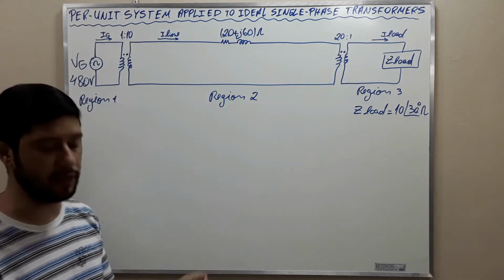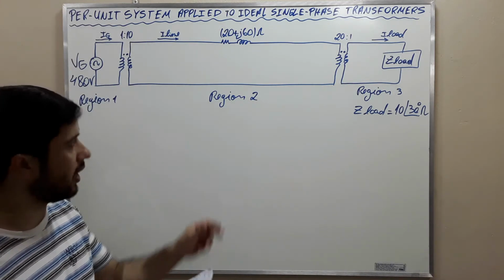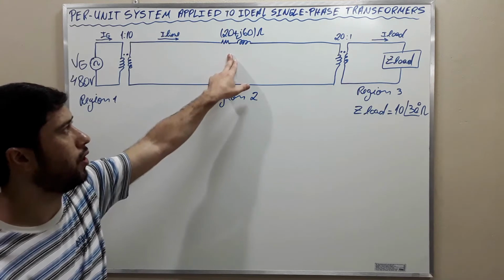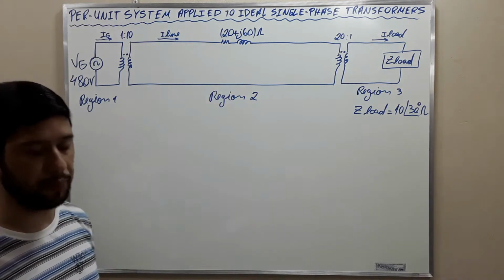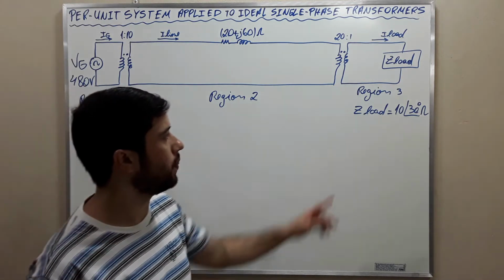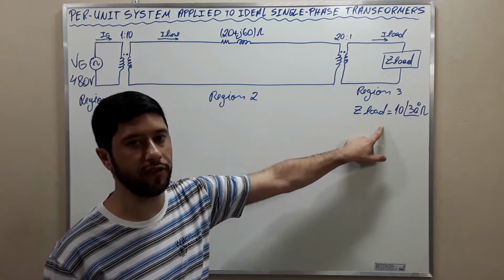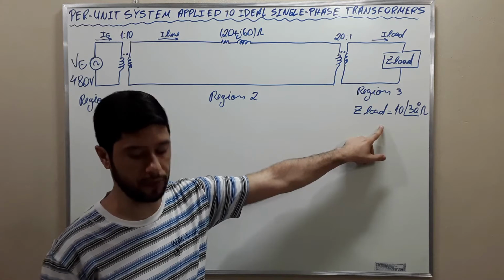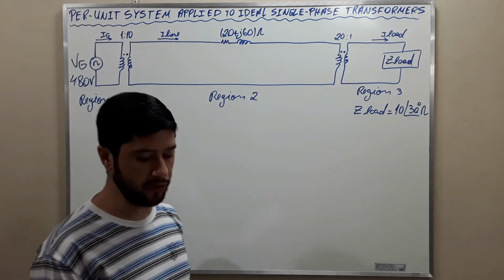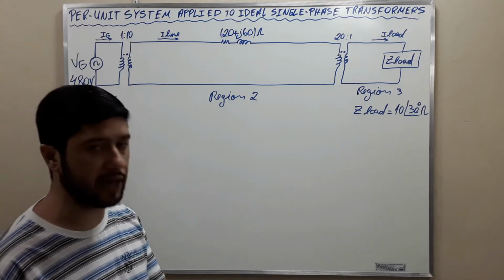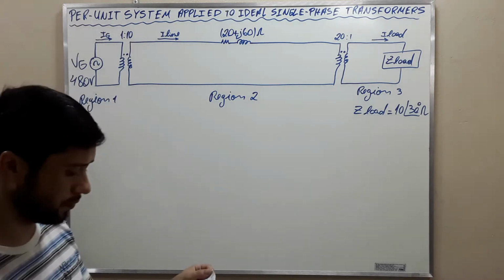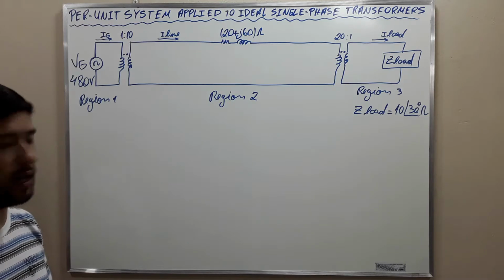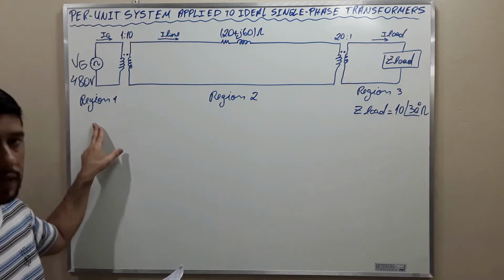The impedance of the transmission line is 20 plus j60 ohms, and the impedance of the load is 10 phase 30 ohms. The base values for this system are chosen to be 480 volts and 10 kVA as the generator.